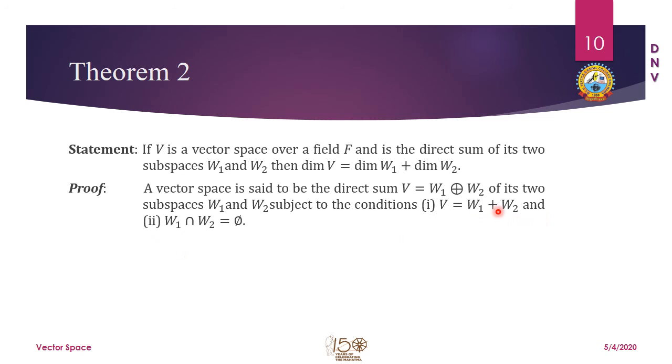That is, V is the linear sum of these two subspaces, V = W1 + W2, and the intersection of these two subspaces is the zero vector. Not the null set, it should be the zero vector. The zero vector is the only possible common element between W1 and W2. So it should be corrected: it is a set consisting of only the zero vector.